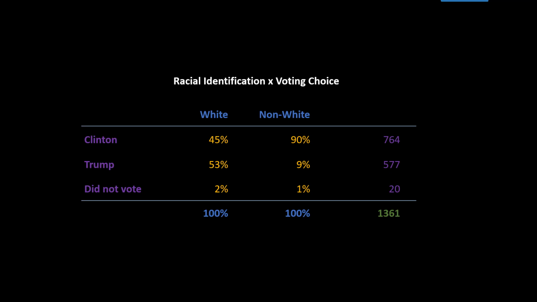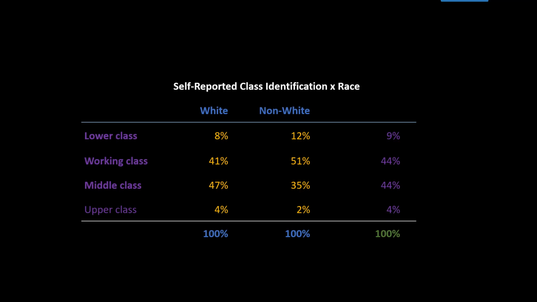You can imagine that class might impact voting behavior if the non-whites were from the lower and working classes, and the whites were more likely to be from the middle and upper classes. That might be what is really driving the relationship that we're observing in this table. So let's take a quick look. In this table, it looks as if there are fewer whites in the lower categories.